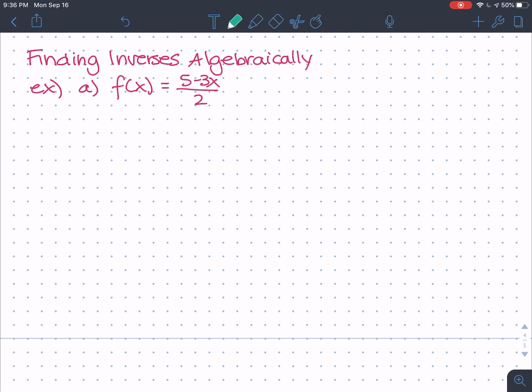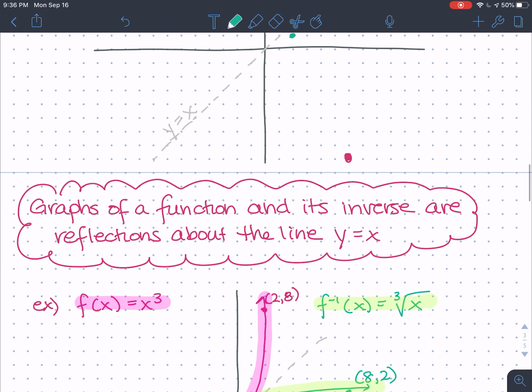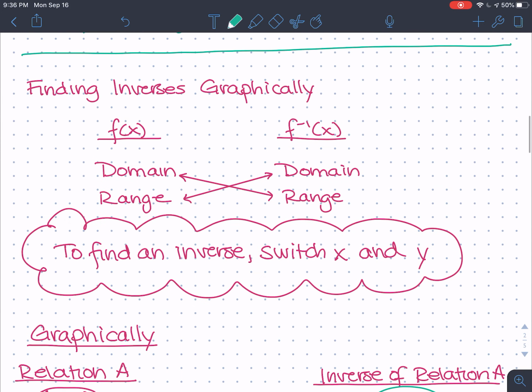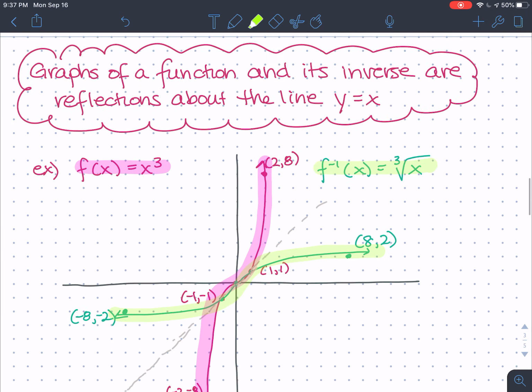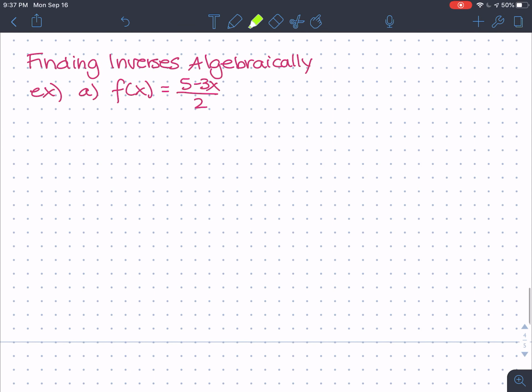Well, remember how with graphs, to find an inverse, you switch x and y. Well, guess what? To find an inverse, you switch x and y. That's literally it. We don't have a y right now, so that's our first thing. We need a y. So we're going to say y equals f of x. And so now we have y equals 5 minus 3x over 2.